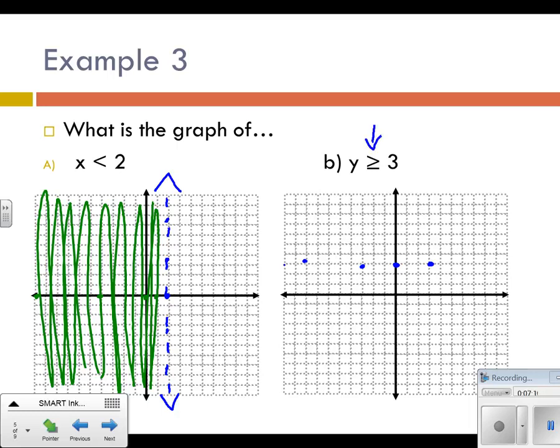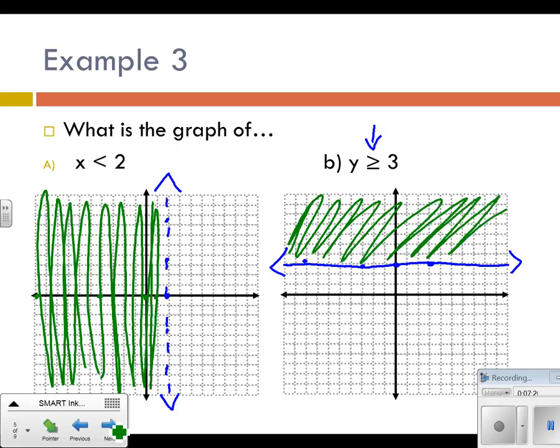This is when we would have a solid line because it can also equal, so the points on the line count, and anything greater than or equal to 3 is going to be above that horizontal line. So all of these points on the graph that are above that line or on that line would be true when you plug them into the inequality.